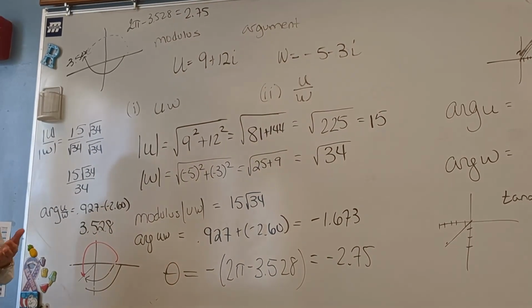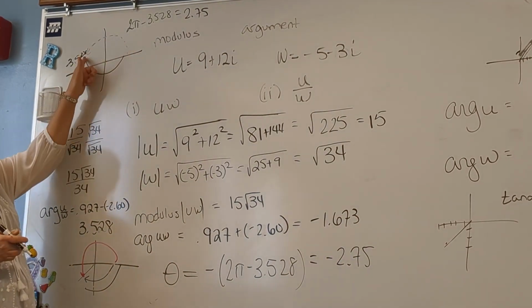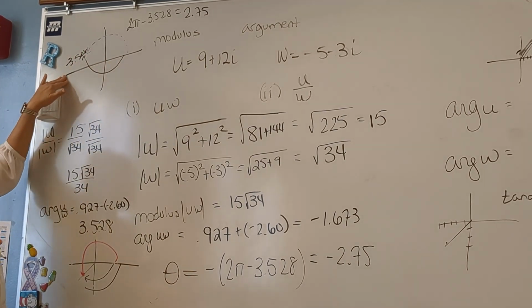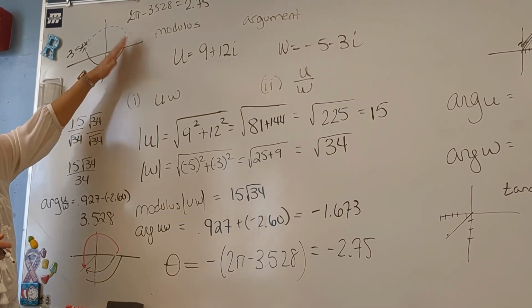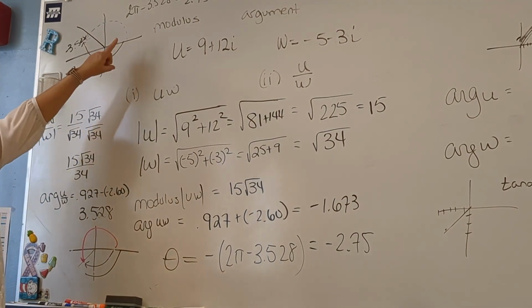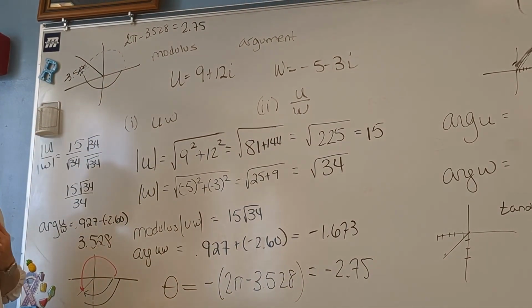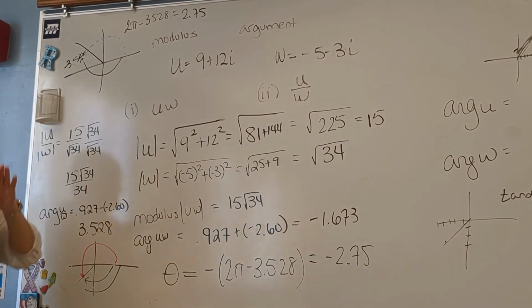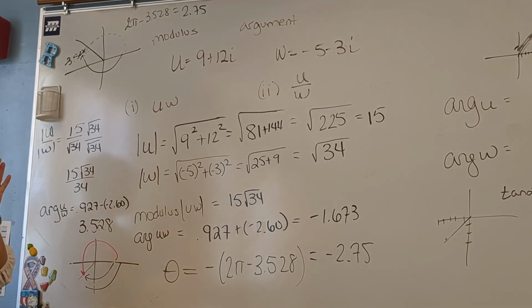Yeah. So does it make sense that this is positive 2.75? The whole thing would be 3.14. To get to that same line would be at positive 2.75. Going in this direction is positive, going this way is negative. So you just have to meet it. Does that make sense or not?